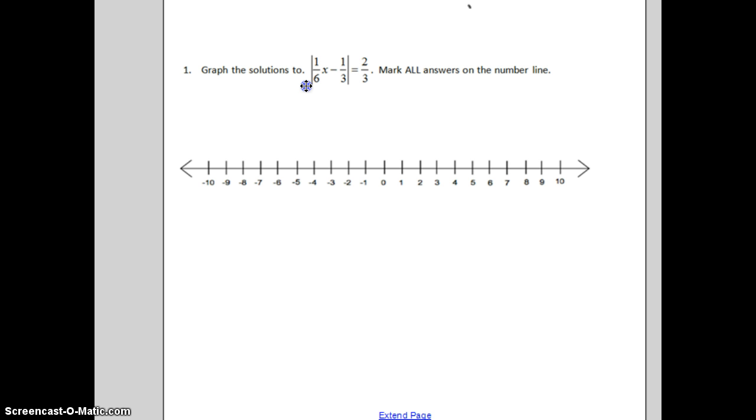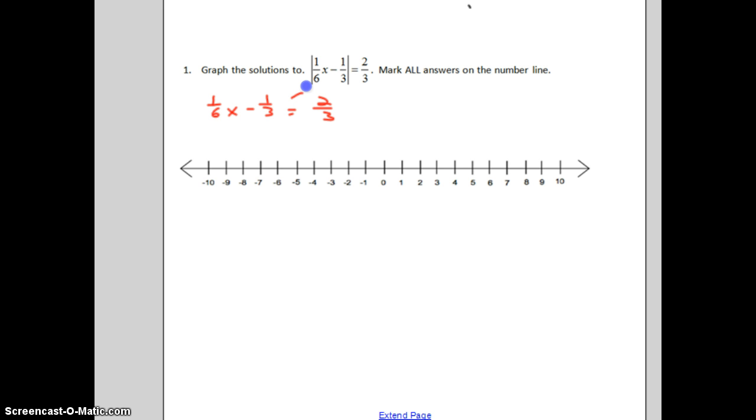writing two equations. So very important that you write them out. Don't try to solve them from within the absolute value bar. So we're going to write our two equations. The first one is going to look just like the original problem, except we're not going to have the absolute value sign. So we're just going to write out 1/6x minus 1/3 equals 2/3.